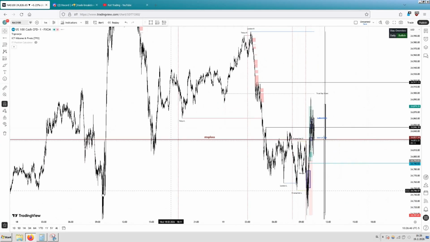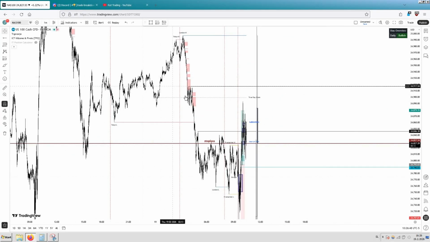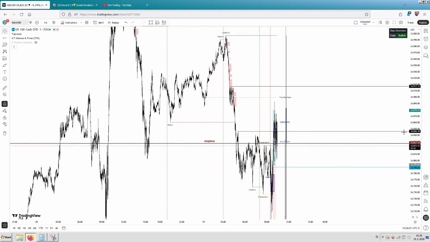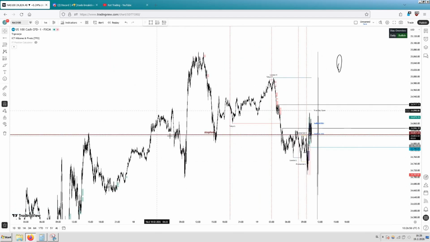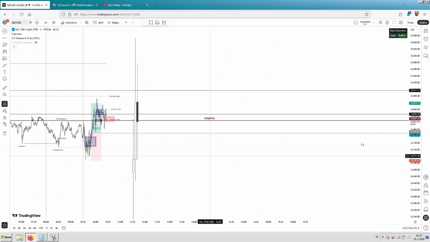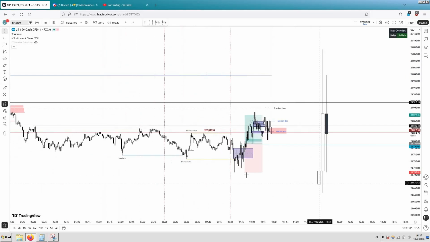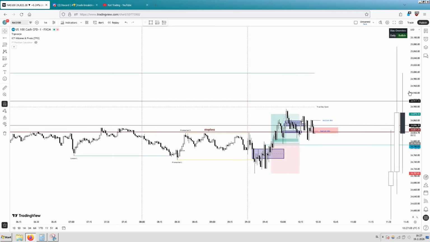So we are basically ready for a move upwards, because this situation more or less was similar to the one yesterday. Yesterday the same thing happened. We went lower and then distributed higher. So let's go back to the trade.